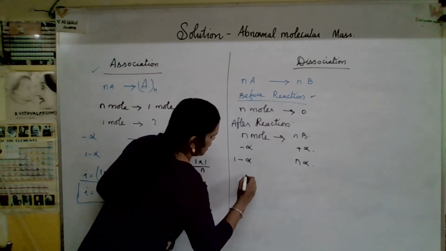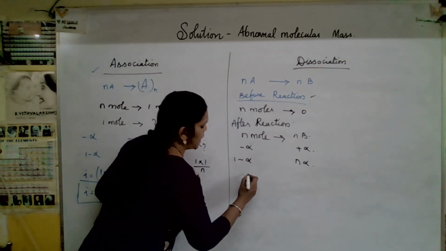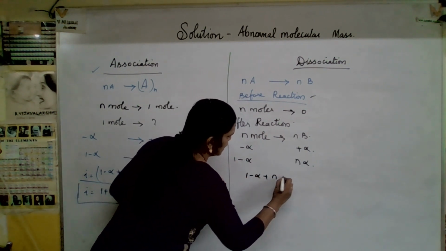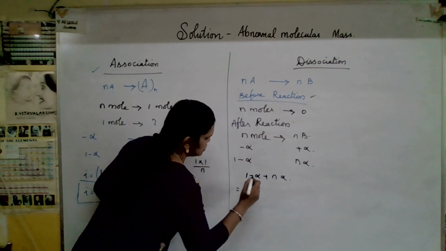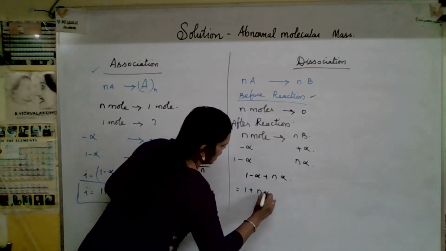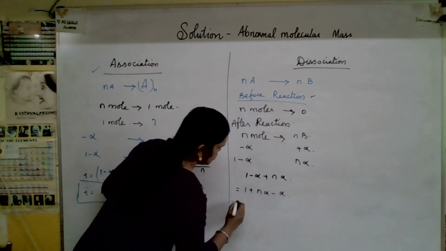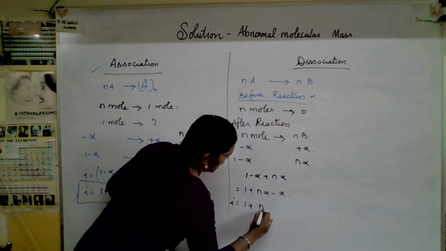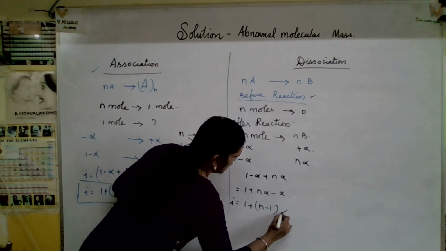Let us add the total number of particles for dissociation: 1 minus alpha plus n alpha. Rearranging, 1 plus n alpha minus alpha. So i equals 1 plus (n minus 1) alpha.